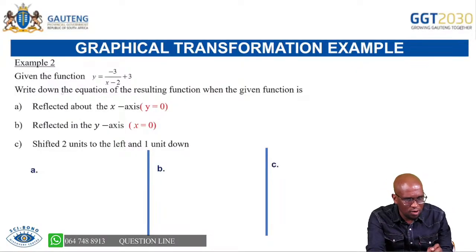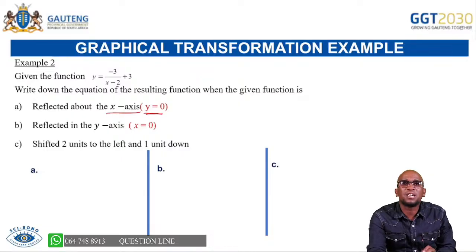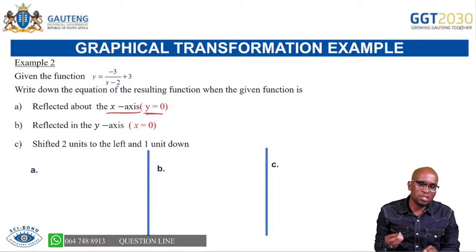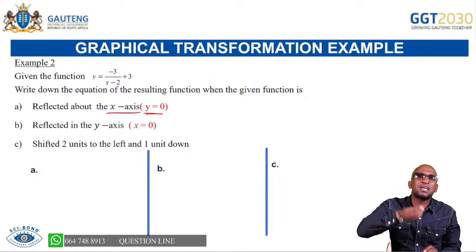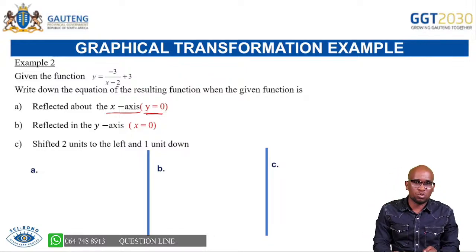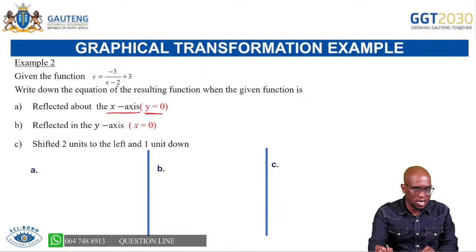Now, write down the equation of the resulting function when the function is reflected about the x-axis. At times, they will say it is reflected about the line y equals 0. So you need to be careful. If they don't say the x-axis, they can say about the line y equals 0. That's very important.